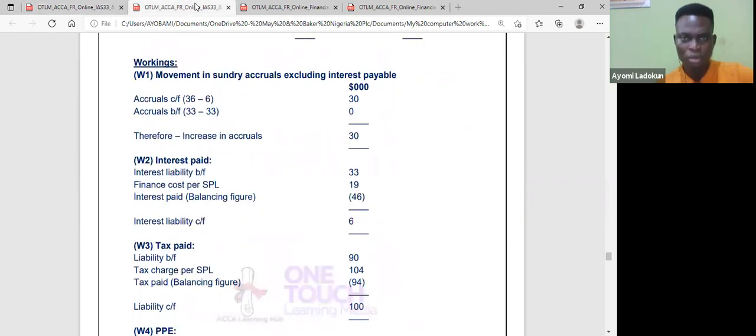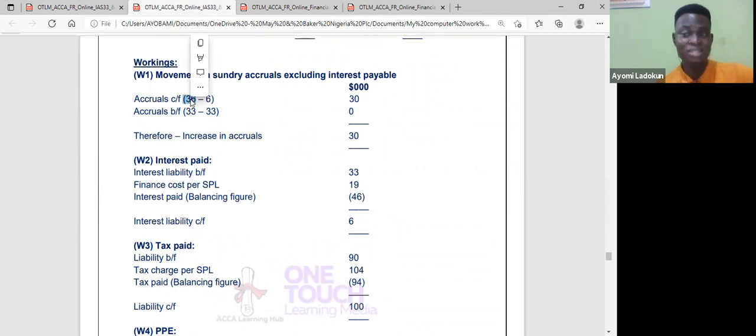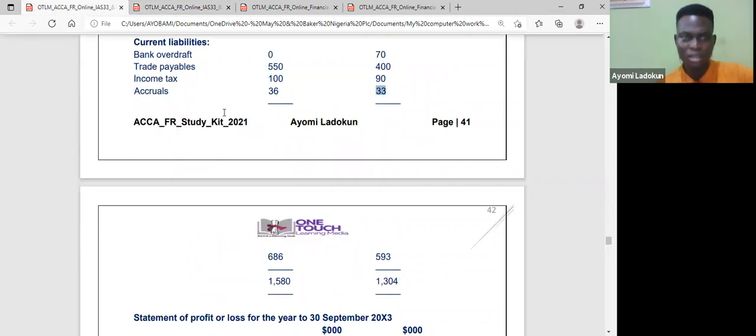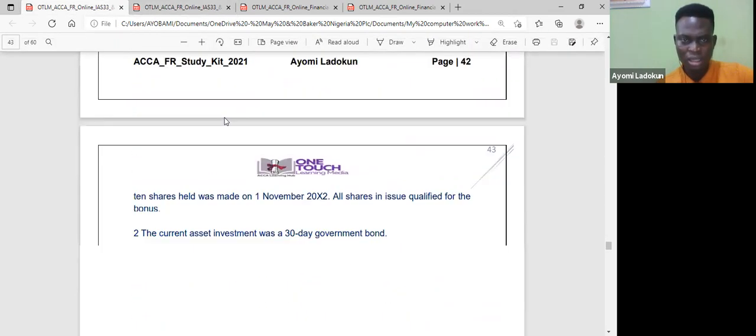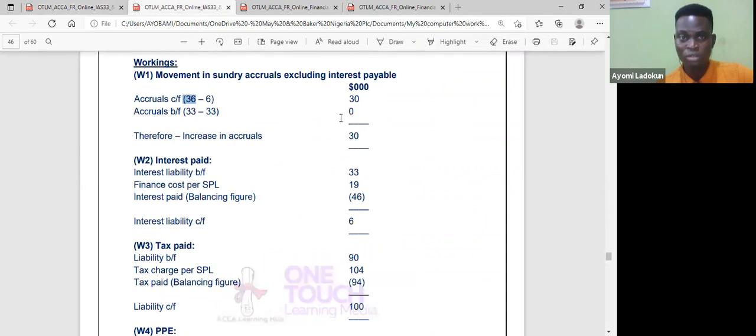Now I bring on my accrual 36 this year. Then in the additional information, we were told that for this year, 6,000 is standing as my accrual. So you are going to remove it because the difference between the two will represent cash flows. So that's how we have 30 here.